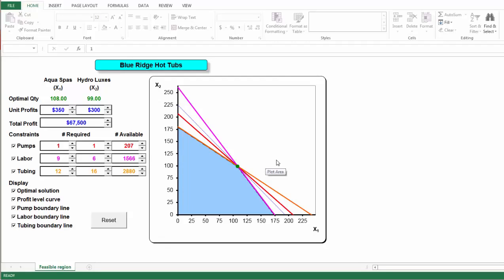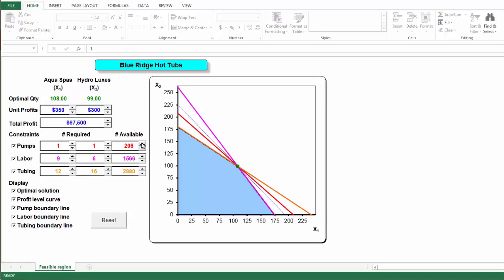At 207, if we add one more pump to 208, you will see that feasible region and the optimal solution no longer change. The optimal solution stays at 108 and 99, which is the intersection of boundary lines of tubing and labor constraints, and the optimal profit stays at $67,500. That is, the shadow price of pump is 0 at 207 pumps.